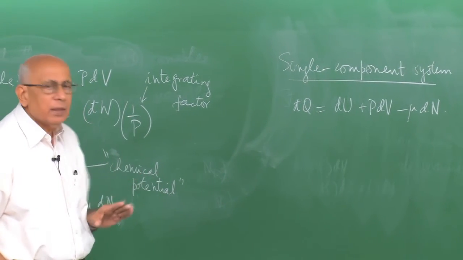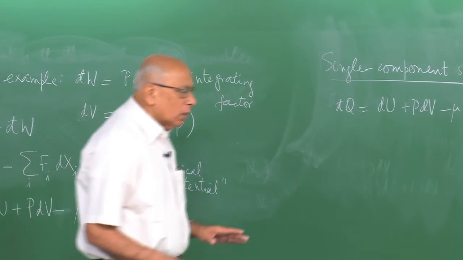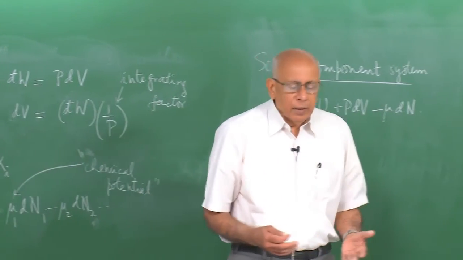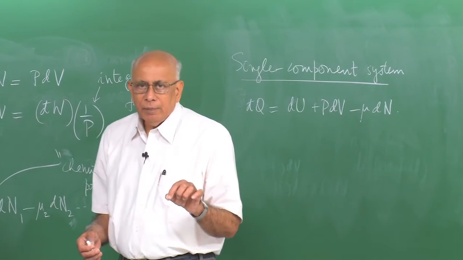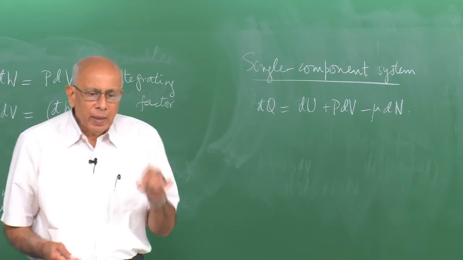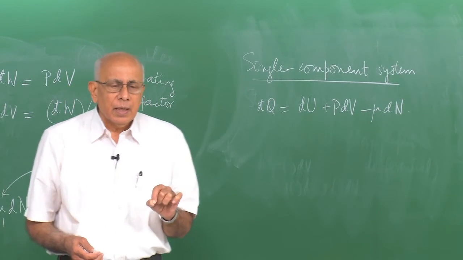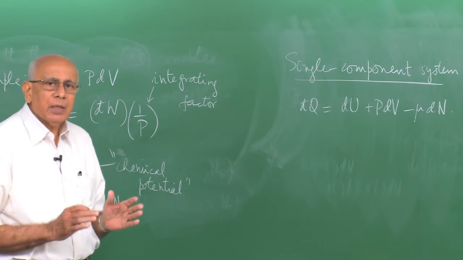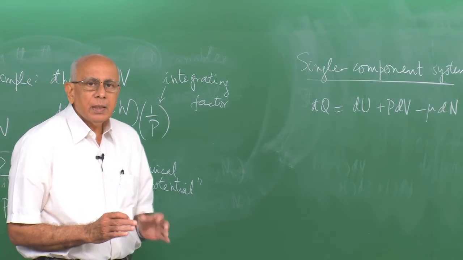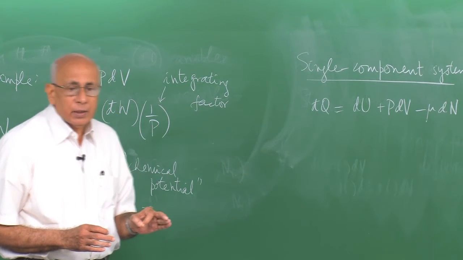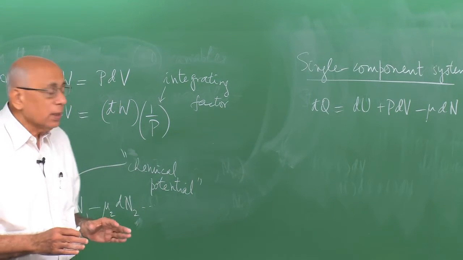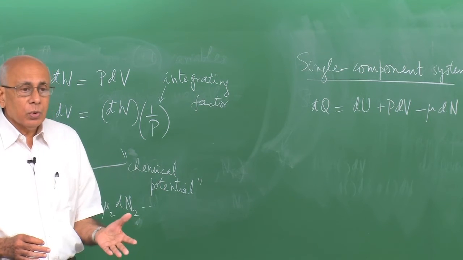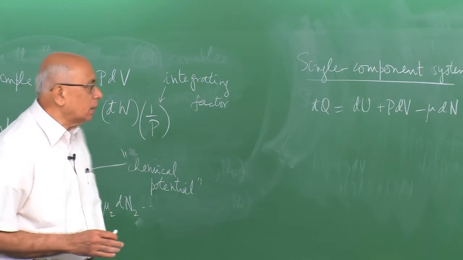So that is the physical interpretation of this mu, or to put it in simpler terms, it is the cost in energy for adding one more particle to a thermodynamic system under specific external conditions, under conditions in which the temperature and the pressure are kept constant. You add one more particle to a collection of molecules, and that cost in energy to do so is essentially the chemical potential of the system.